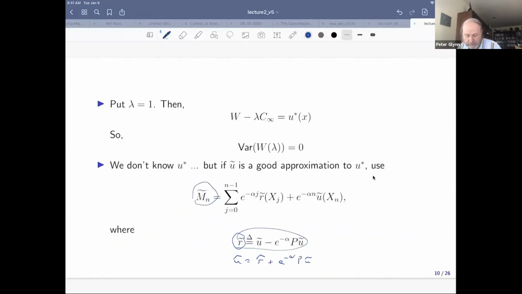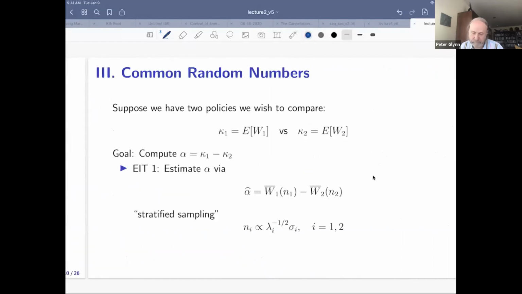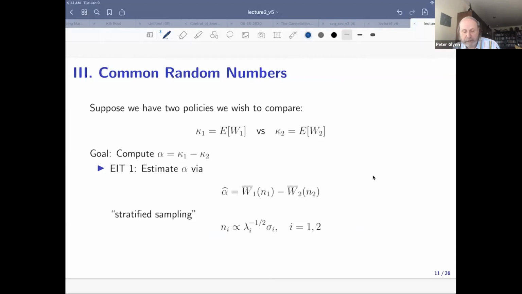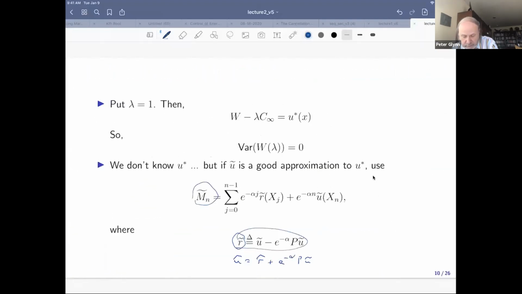In practice, obviously using an approximation, you're not going to get variance 0, but we hope that you get something that is significantly reduced relative to the standard plain vanilla estimator. So that's an illustration of control variates and its application in the context of Markov chains, in particular in the setting of martingale controls.